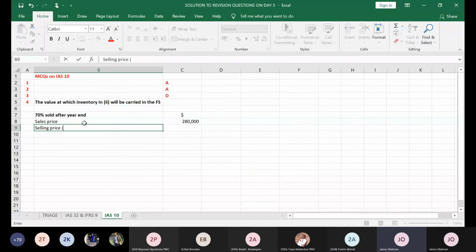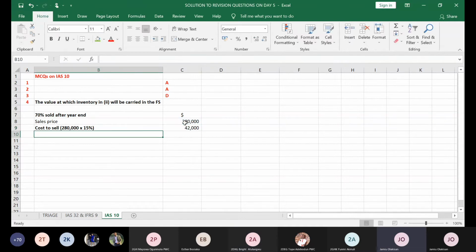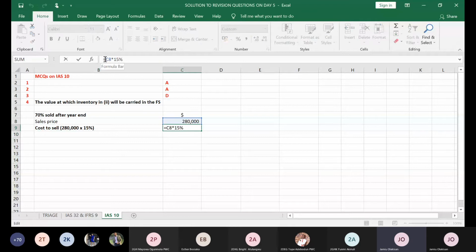Remember the sale occurred after year end, though. So it's not that it has affected the inventory before the year end. Selling price, less cost to sell. That is 280 times 15%, right? So I take this figure times 15%, right? I want to put it in Excel.